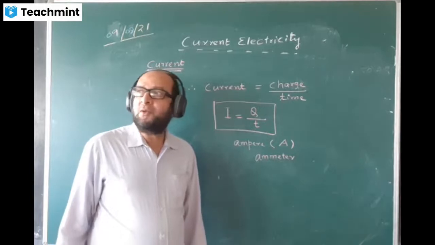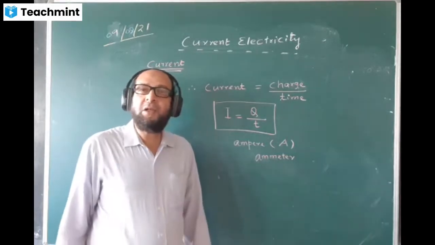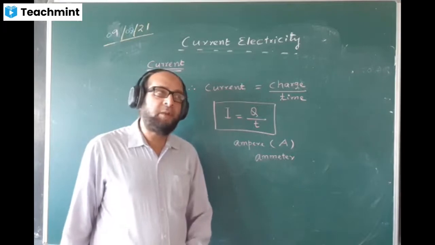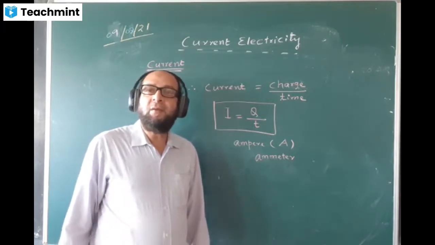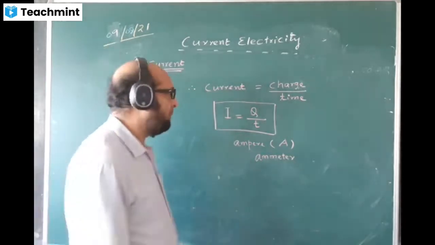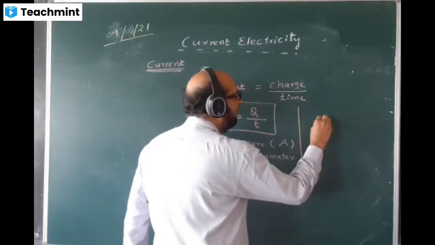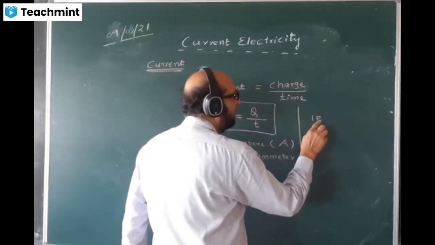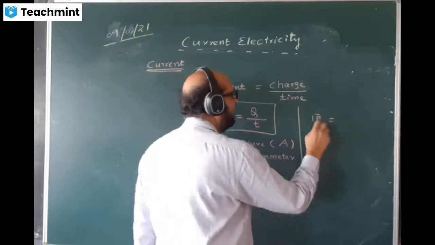Okay, before that, you should know how much is the charge of one electron. Do you know the charge contained by one electron? What is the value of the charge of an electron? Please share the values you know. Charge of an electron is denoted by small e, and on top we put a minus sign.